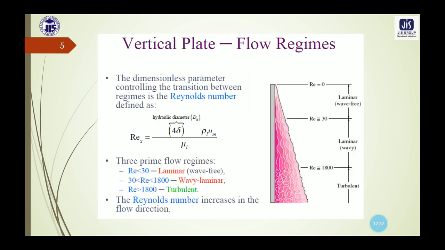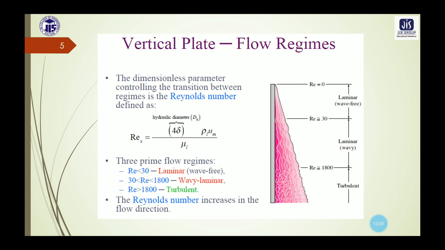Now this is the vertical plate, in case of the flow regimes depending on the Reynolds number. Earlier we have discussed different kinds of dimensionless parameters and their significances. The dimensionless parameter controlling the transition between the regimes is the Reynolds number.